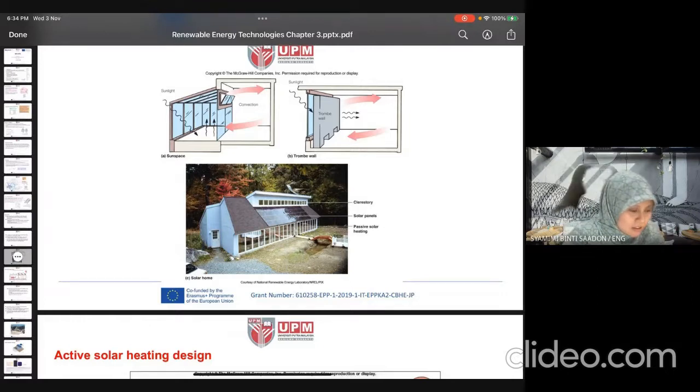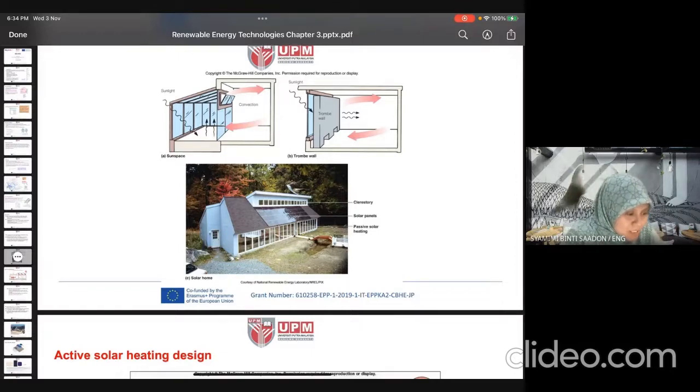In Malaysia, we have started, but compared to Europe, we are still at a very small usage of this solar energy source.